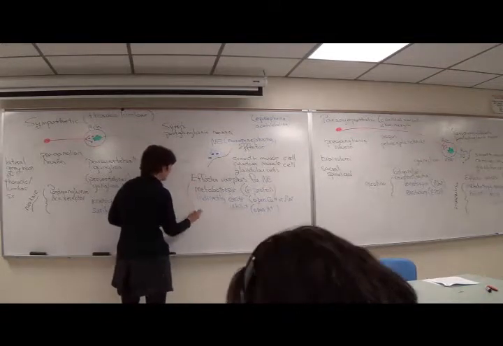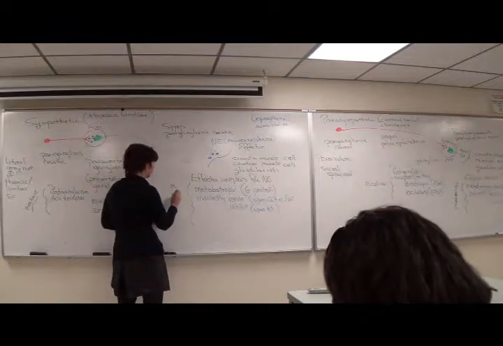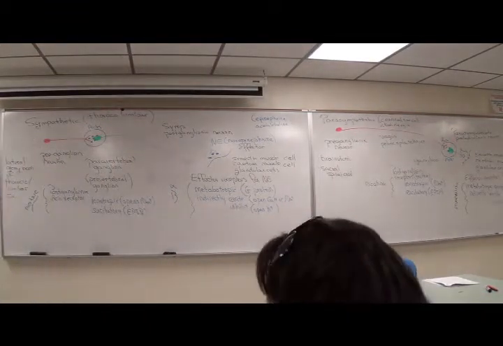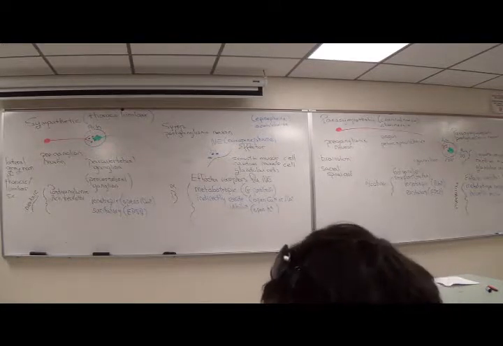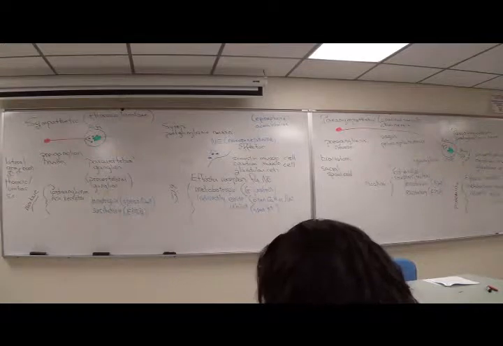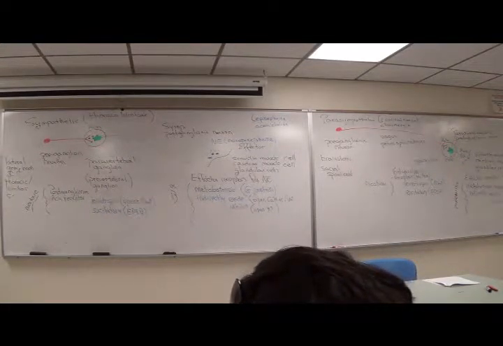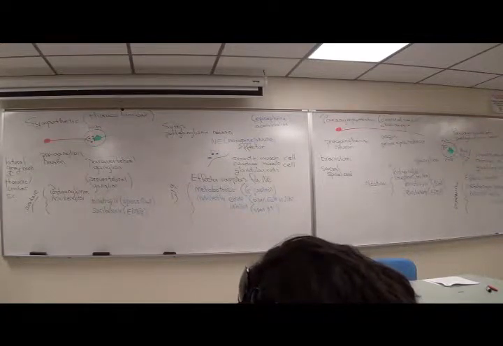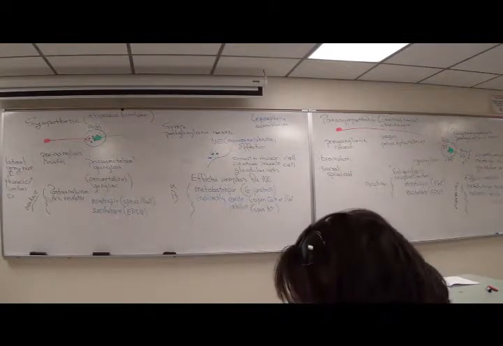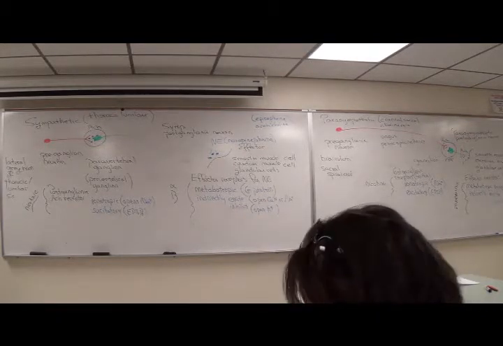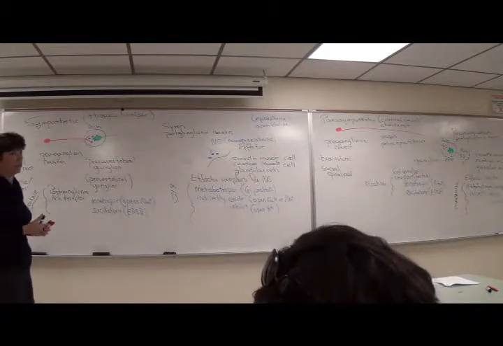So on Tuesday we're going to talk about alpha and beta receptors: alpha 1, alpha 2, beta 1, beta 2, though there are a few more than those. In your heart, we have beta 1 receptors, which excite the heart. In the lungs, we have beta 2 receptors, which inhibit the smooth muscle of the lungs. So we can look at the difference in function based on the type of receptor.